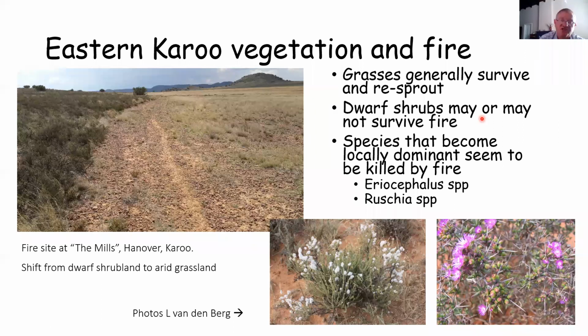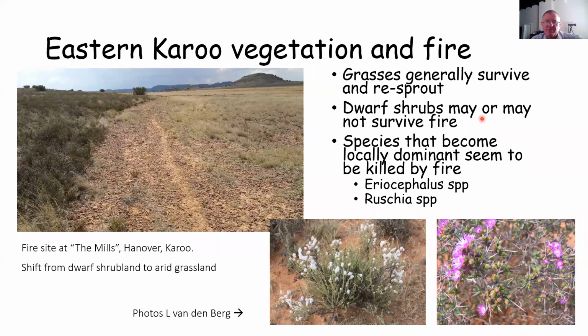It is essentially, shall we call it, an arid grassland. There are some shrubs in there, but it's mainly bare ground and grasses, and has essentially, in a way, shifted from Nama-Karoo to grassland. Whether this persists over time remains to be seen.